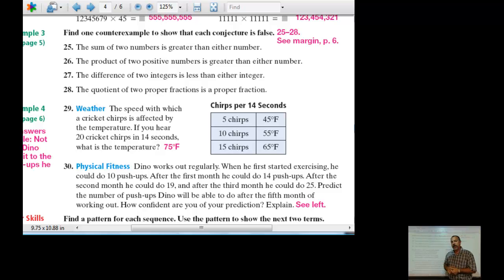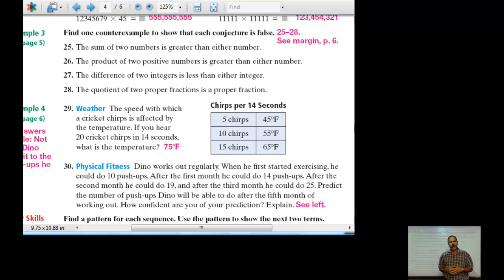A couple ways to do this. I could think of maybe 5 plus 0 is what? 5. So the sum of my 2 numbers, which is 5, is bigger than either of the numbers. So is 5 bigger than 5? No. So there's a counterexample that shows you can add 2 numbers together and not get a number that's bigger.